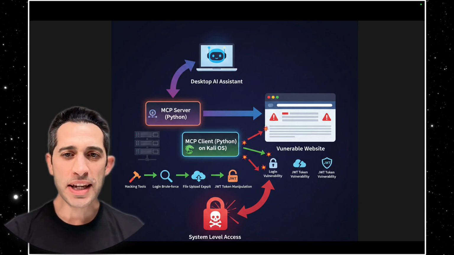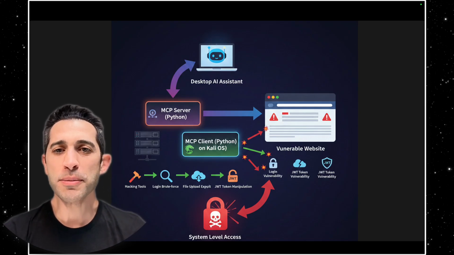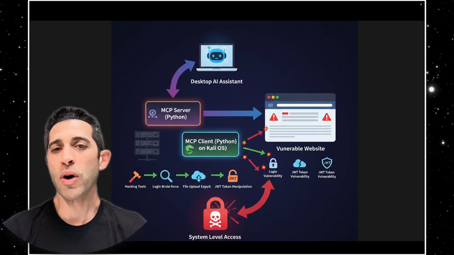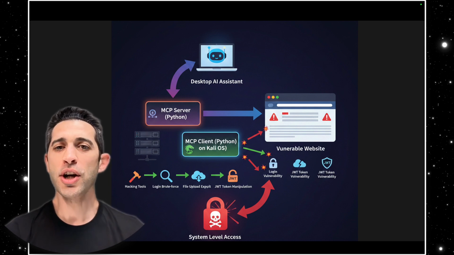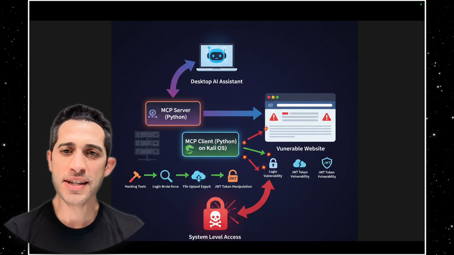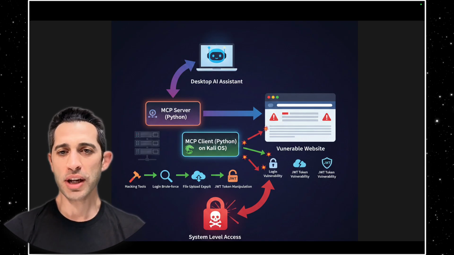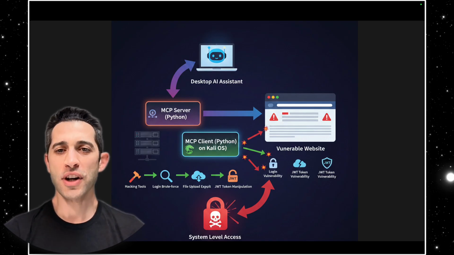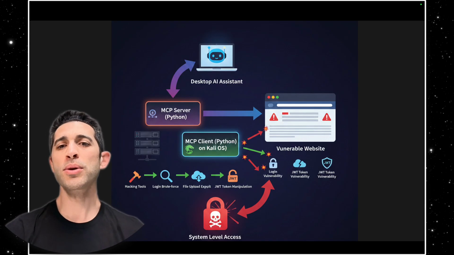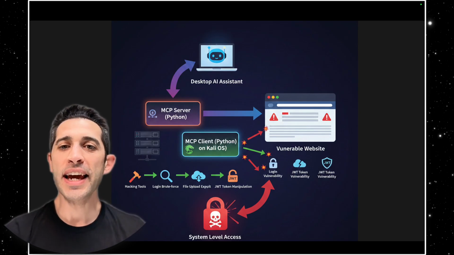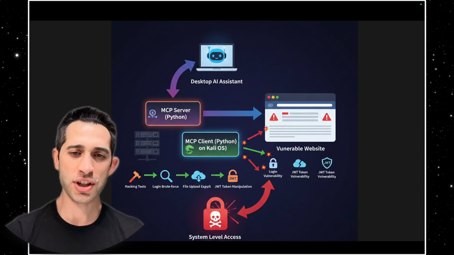Then we need a vulnerable website or vulnerable application to attack. In our case, we will attack a web page which contains a login functionality, and this functionality is vulnerable to easily guessed administrative credentials.